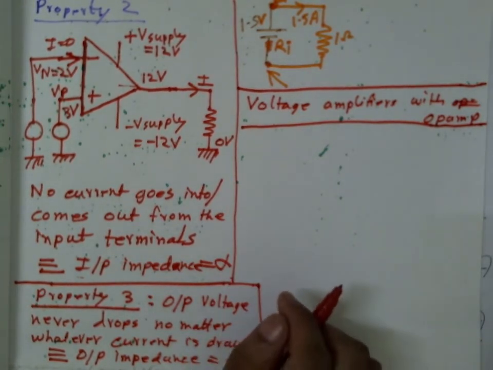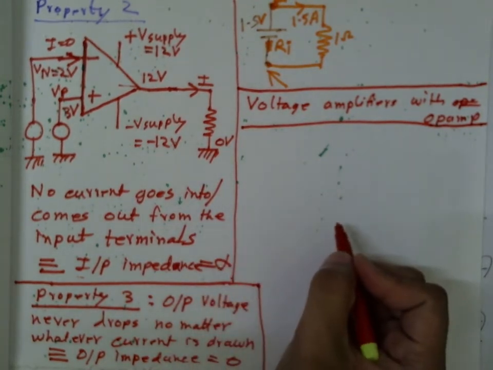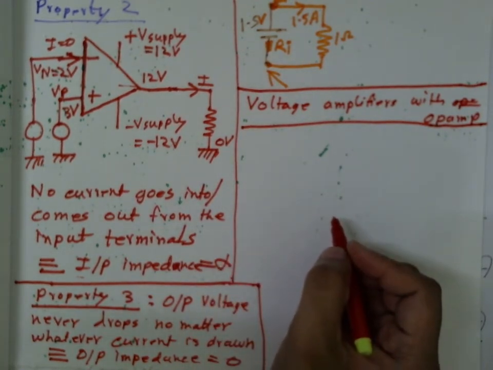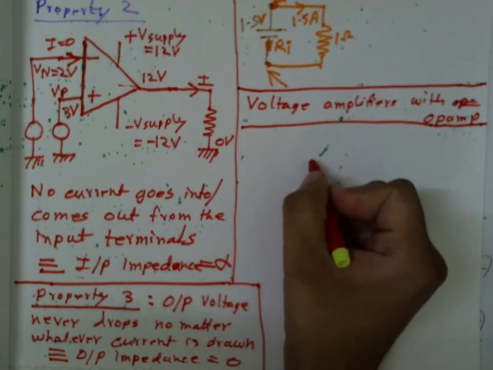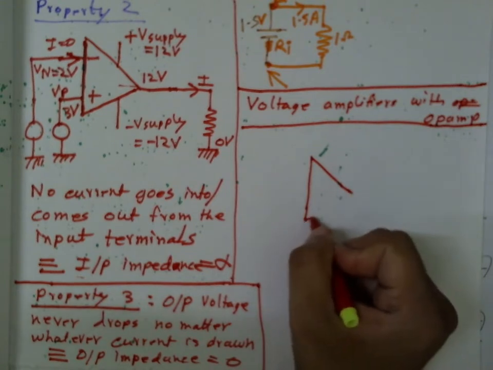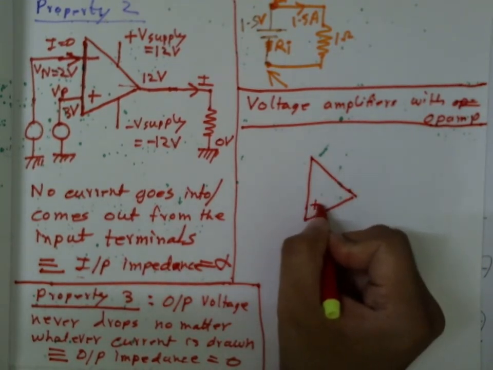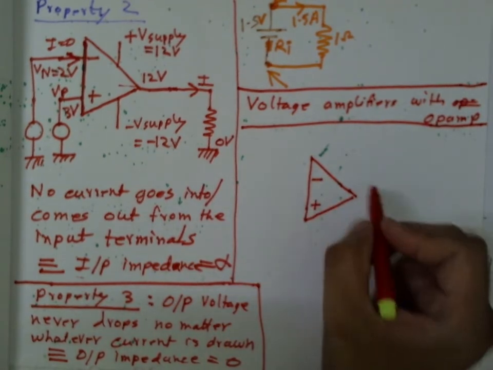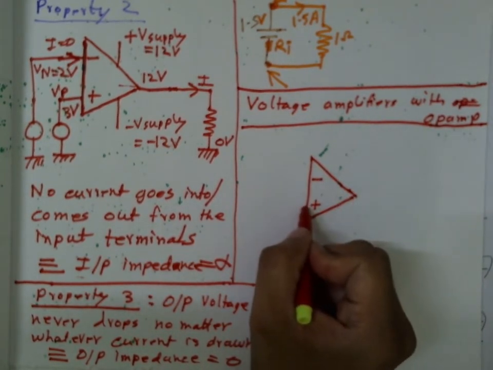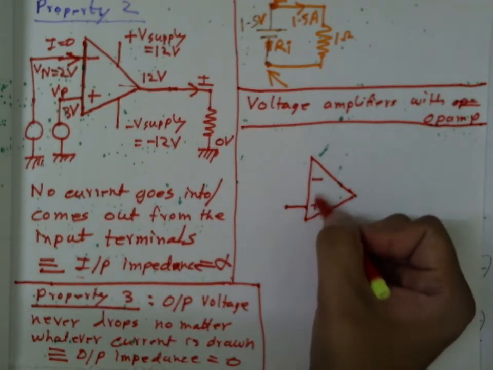But before that, let's consider what will happen if I take an op-amp and it has two inputs, plus and minus, and so I have to give some input supplies, input voltages to these terminals.